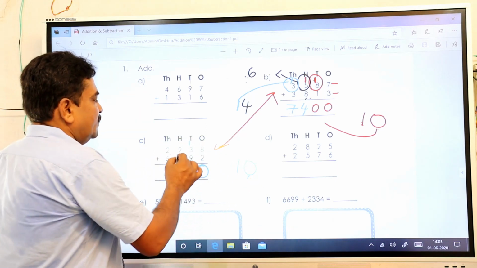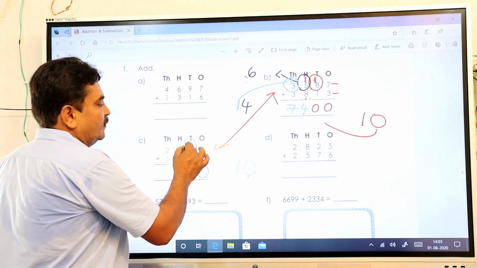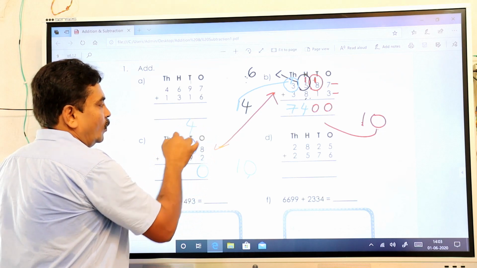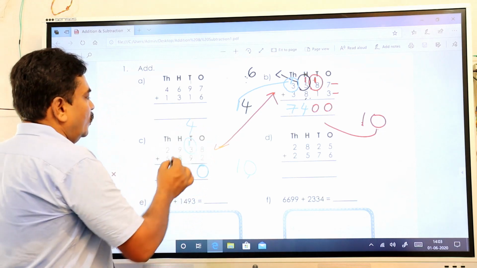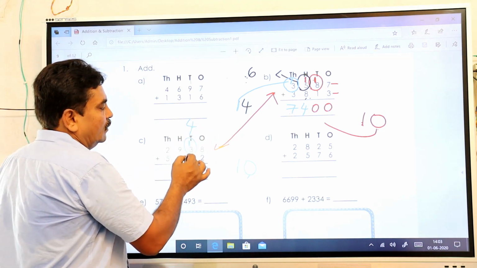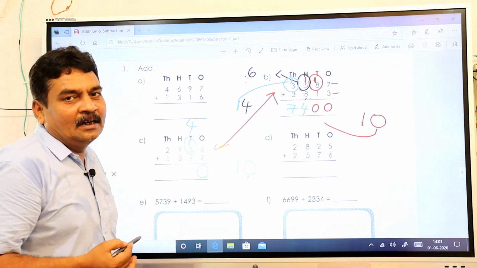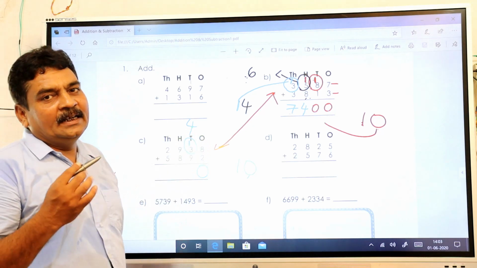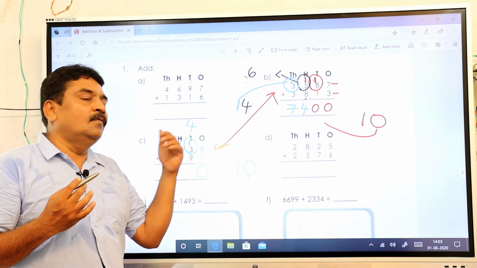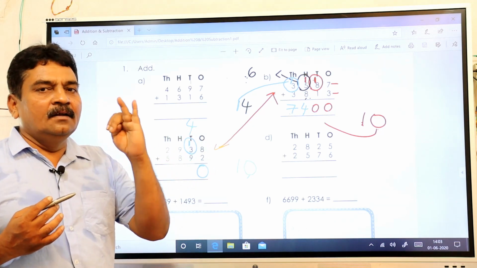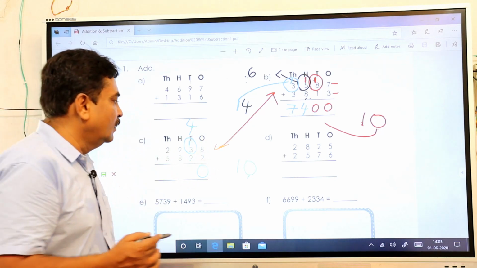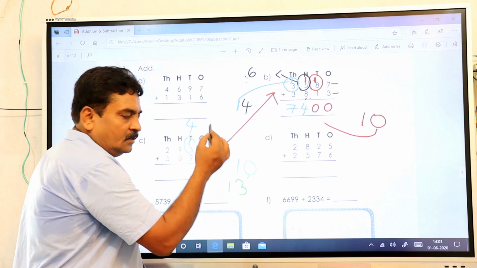Now you add these 2 first. That is 1 plus 3, how much? You got 4, right? So this 4 you add to 9. So 4 and 9, which is the bigger number? 9 is the bigger number. Keep that 9 in your thought and then add 4 to it. So 9, after that 10, 11, 12, 13. So you got the new number as 13.